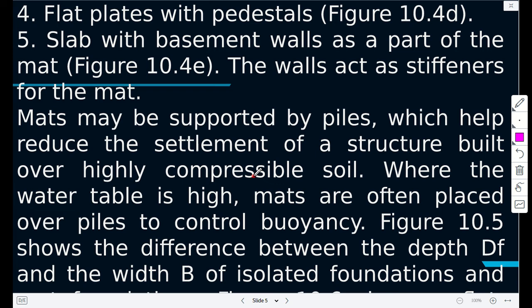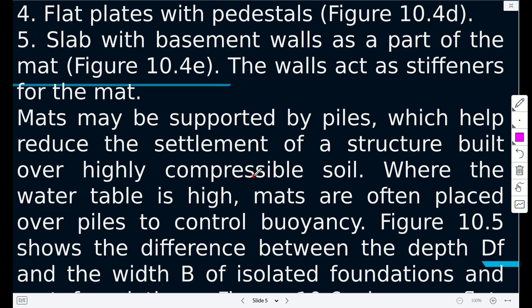So if you find soil that is very weak, probably very, very low shear strength, then you combine the two, because both of them are good for use in weak soil. A pile is one good or effective way of carrying loads in weak soil.